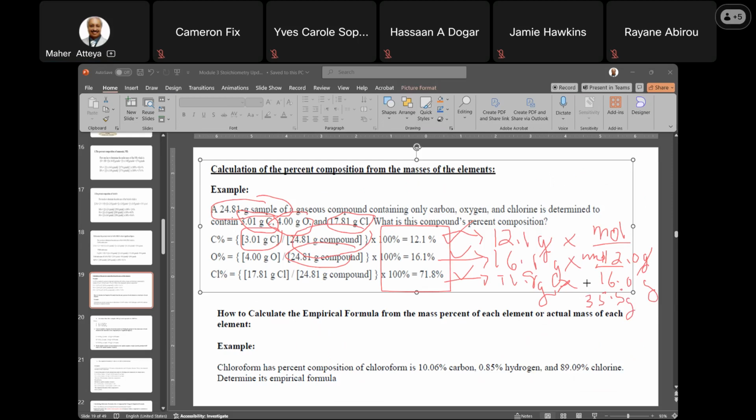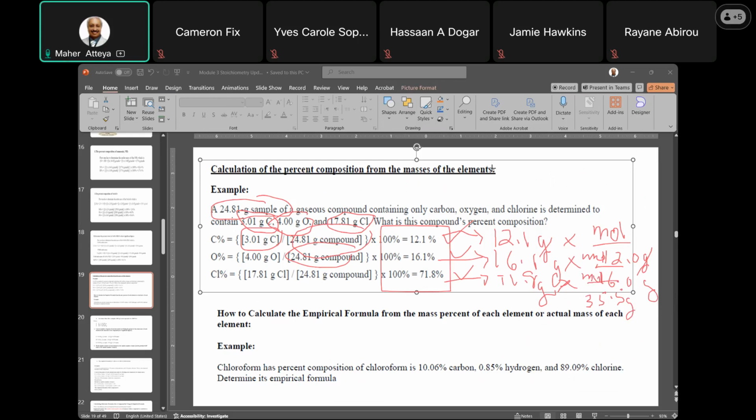gram per mole. So I transferred now by dividing those percentages, assuming them to be 100 gram, 100%. Then each individual element within this compound, I have to transfer its grams into moles by dividing by its atomic mass.